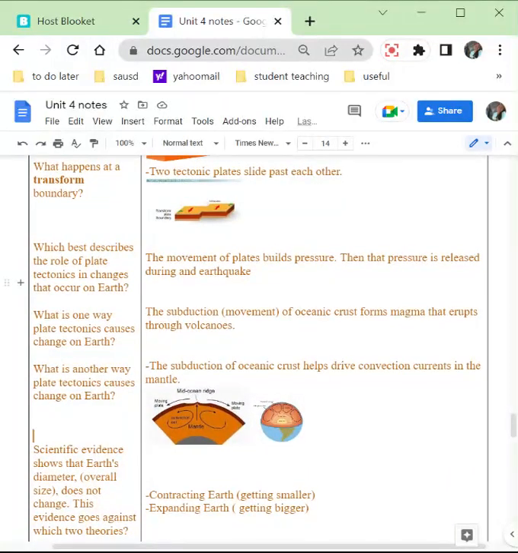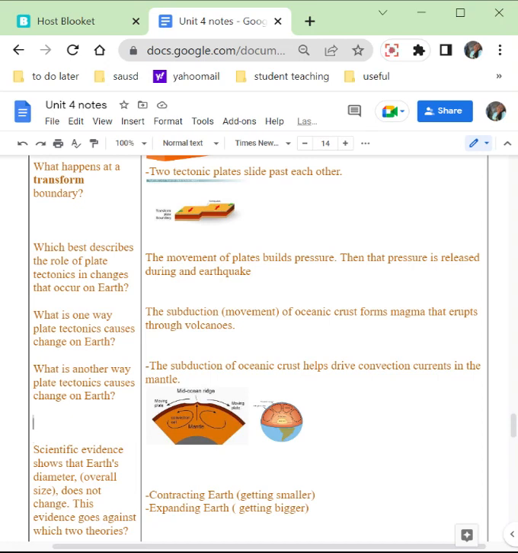So all throughout history, scientists have been trying to come up with theories on what's happening with the earth. One came up with the idea that the earth is getting smaller over time, that there's a contracting earth. And then another thought that the earth was getting bigger over time, like the earth is expanding.